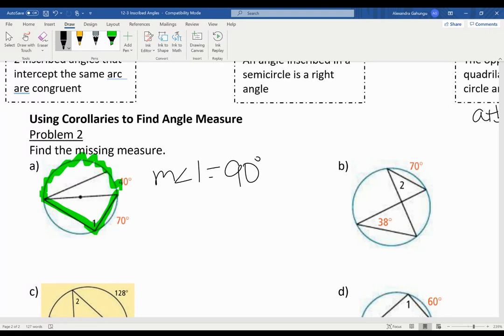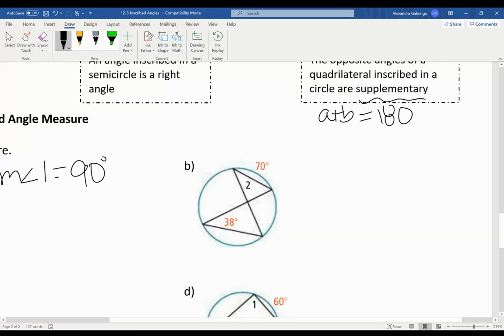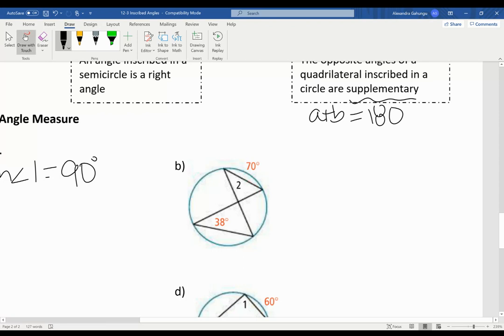The next one, we're using one of our 3 corollaries here. So I look at angle 2, the intercepted arc for angle 2, I can keep going, it's this arc, right? And then do I notice, is there another angle that has the same intercepted arc?